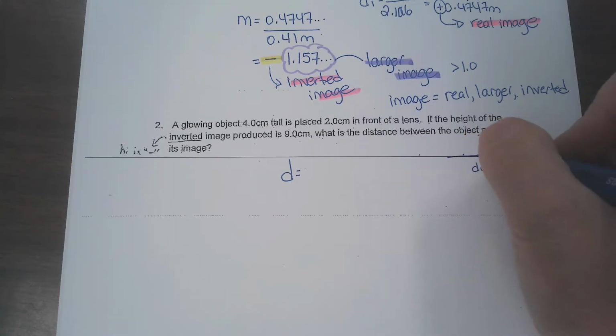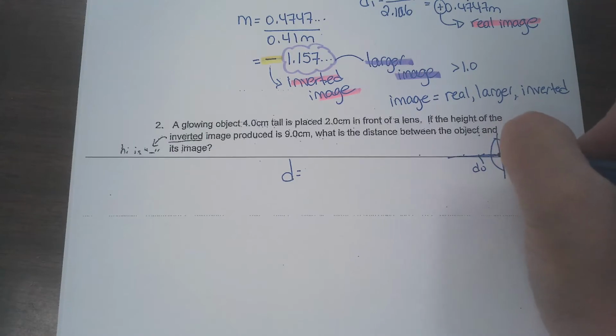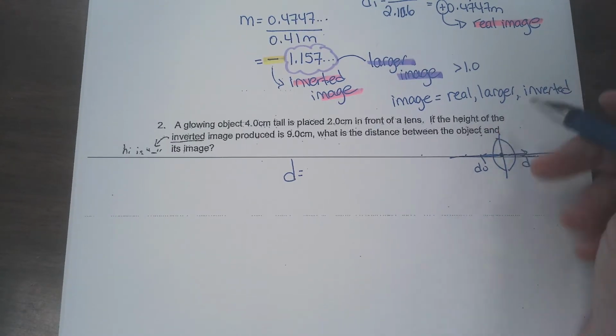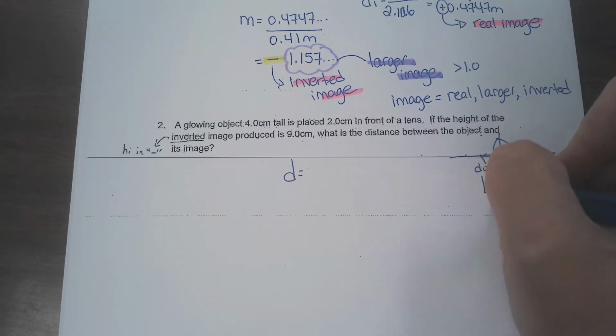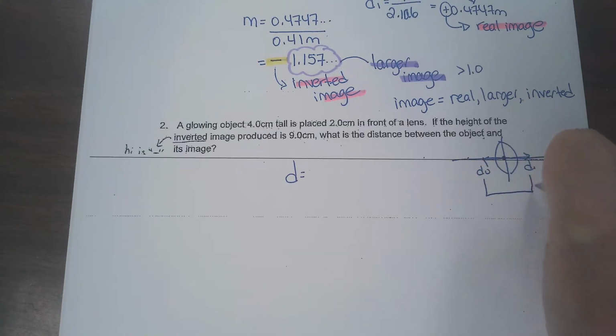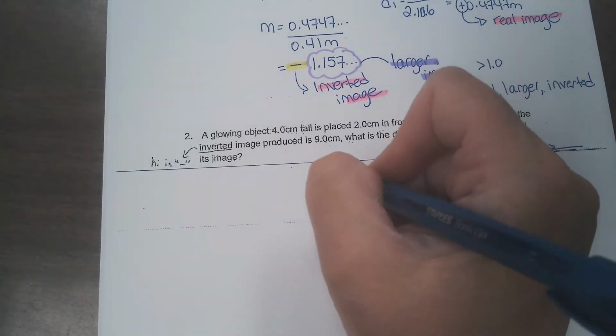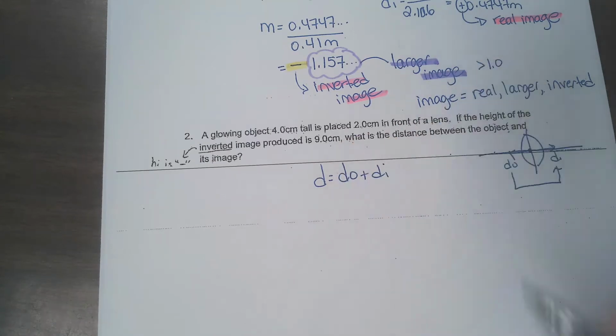DO from the optical center out, DI. So what is the distance between the object and the image?